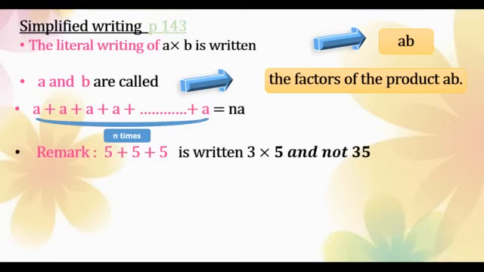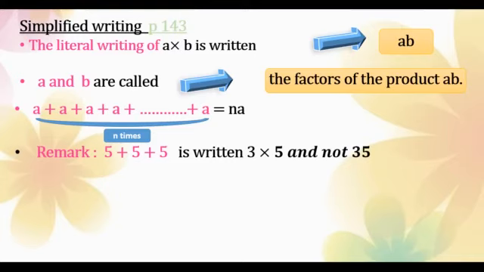Remark: 5 plus 5 plus 5 is written 3 times 5, and not 35. This is an important remark.